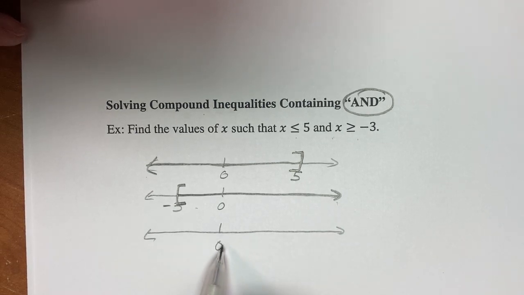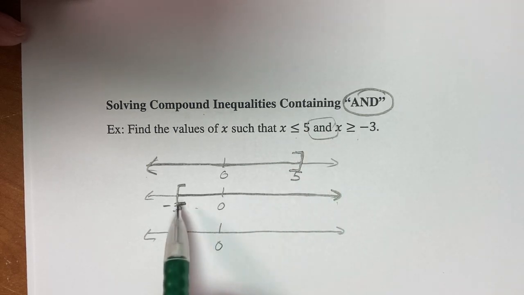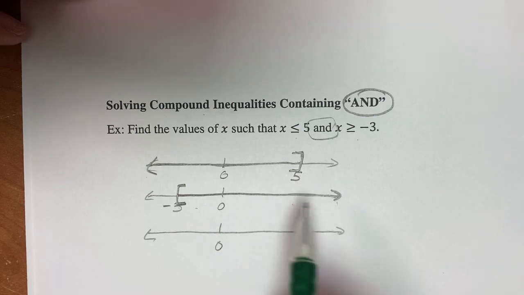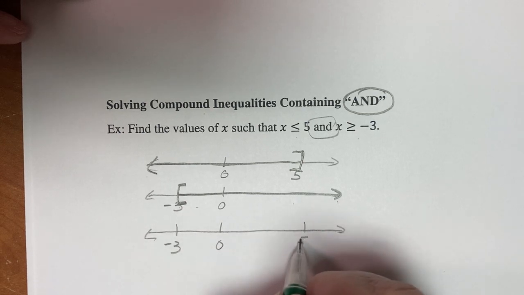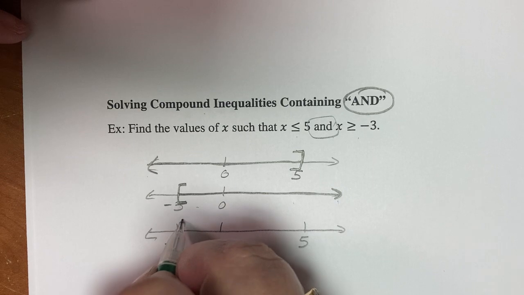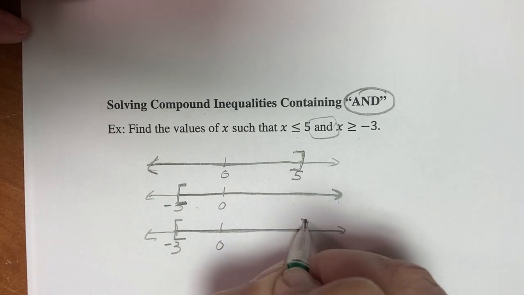So if I want to know what values are both less than or equal to 5 and greater than or equal to -3, I take the intersection of these two sets. Well, that would be simply where the two sets overlap, which would be all numbers from -3 up until 5.